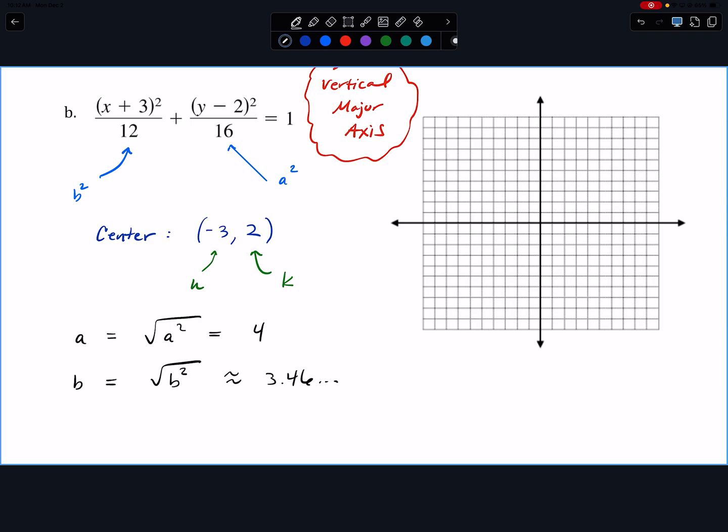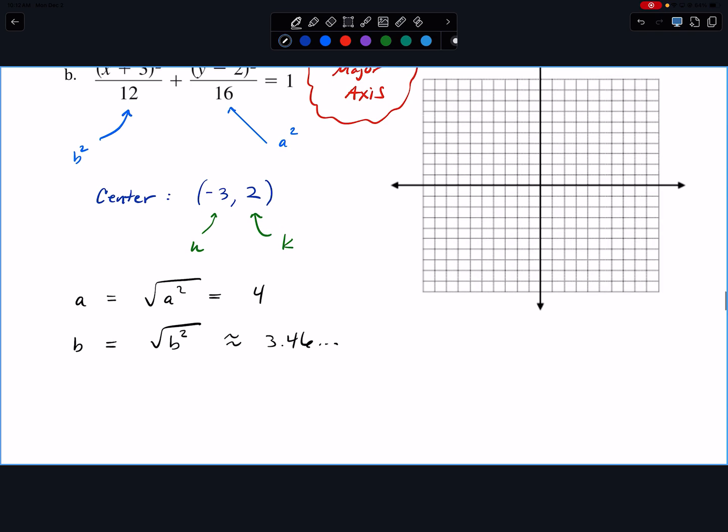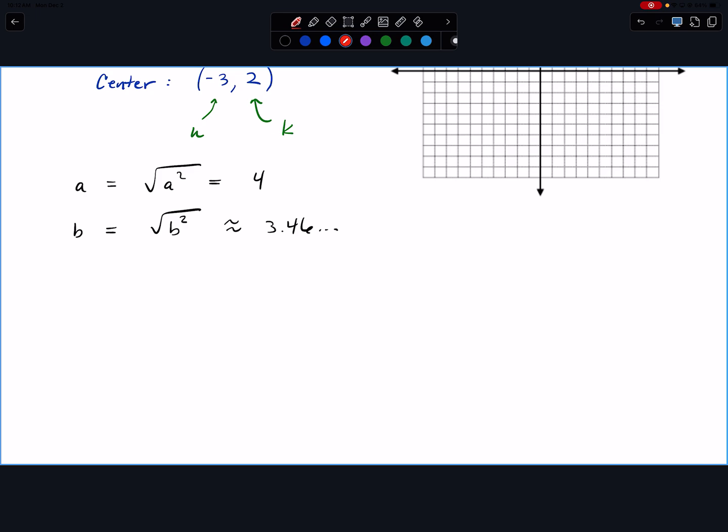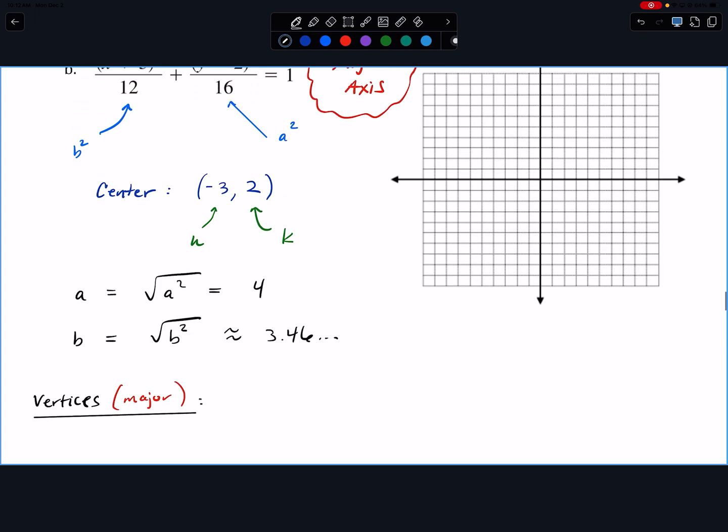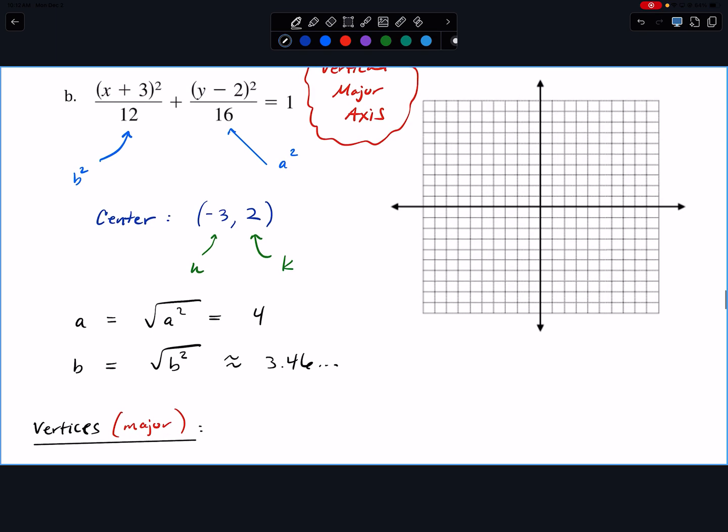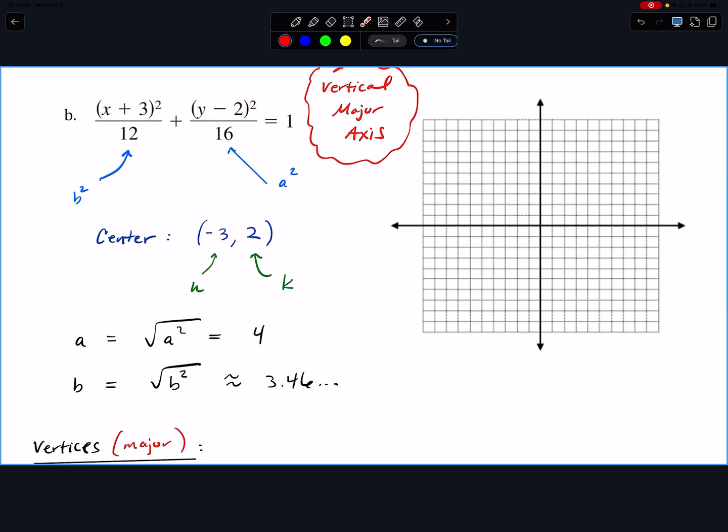Okay, what else do we need to find? The vertices and the foci, right? And the eccentricity. So let's find the vertices, the major ones first. You use the A value, and think, which axis is the major axis? X axis or Y axis?